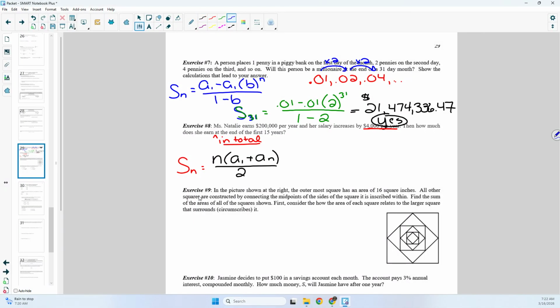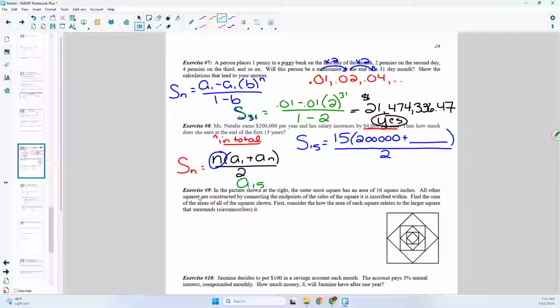So this one is actually a little trickier to find. We're finding S sub 15, and you'll see, first off, my n value is 15. My start number is 200,000, but I don't know a sub n. And the biggest thing I need to make sure I understand is that a sub n, in this case, means a sub 15 because our n value is 15.